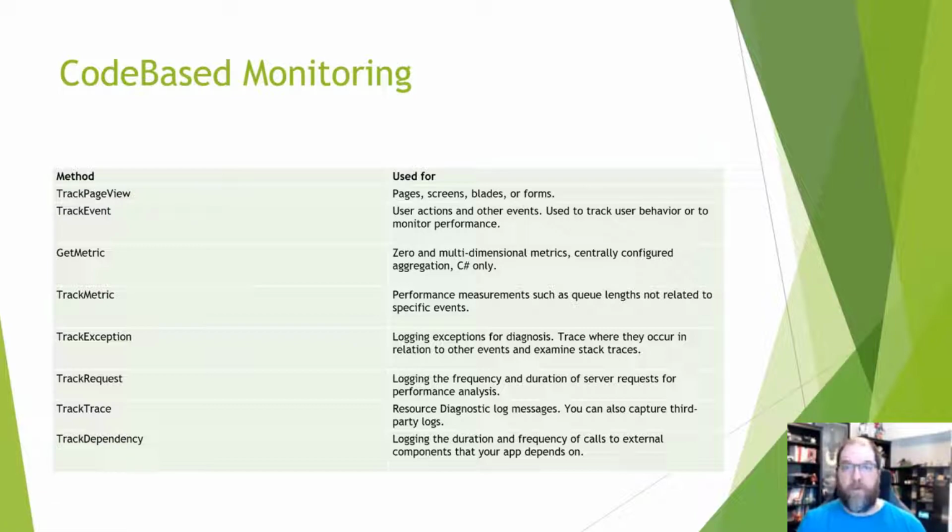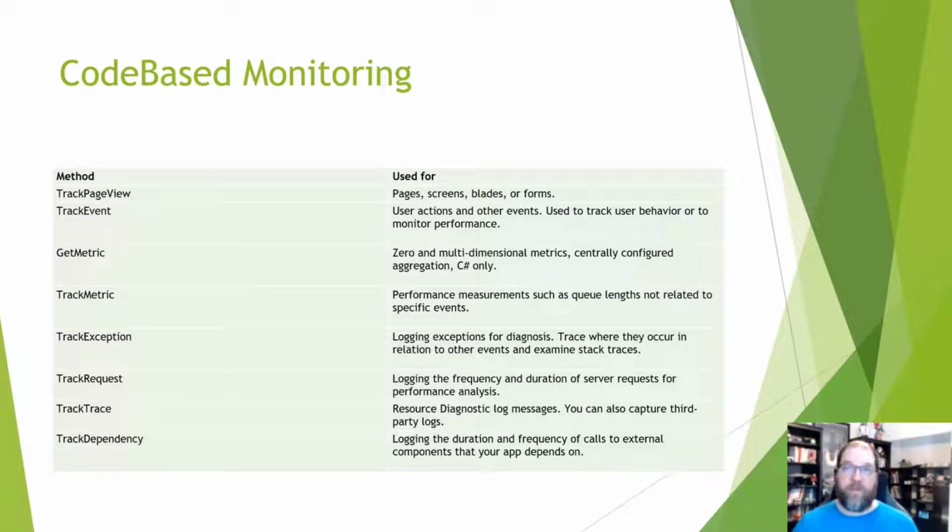So in your JavaScript code, Angular, React, Vue, you might want to do a track page view so that you can show when different components on the front end switch and change. You can have that extra bit of information on which front end page or component they're on. Events, maybe adding things to a cart or signed up or added to a wish list, are events that you can track and build into those user flows.